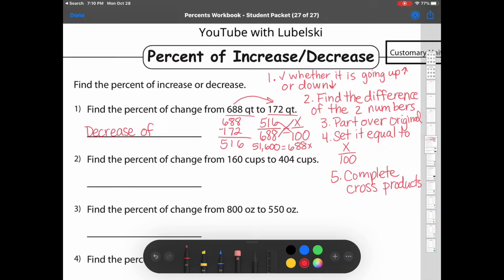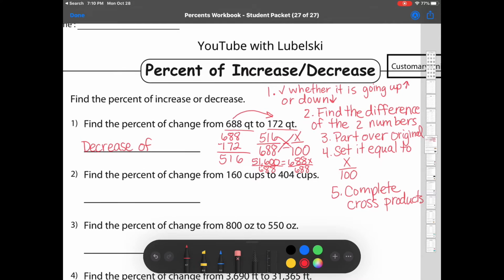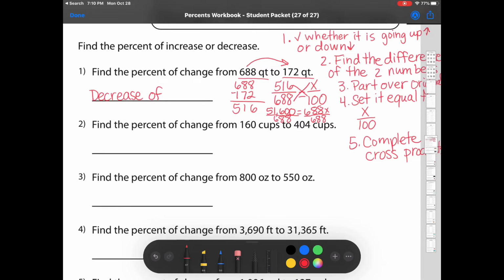It's about, do you know how to find the percent increase or decrease? So to get rid of that coefficient, we're going to divide by 688 on both sides. I know my stuff is a little cramped right now. We'll have more space in future questions. So 51,600 divided by 688 in my calculator, I get x equals 75. So it's a decrease of 75%.